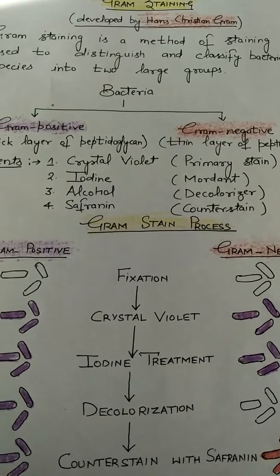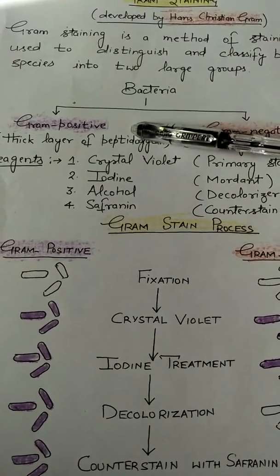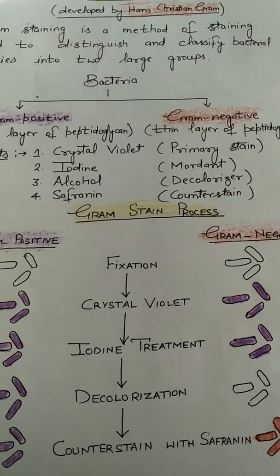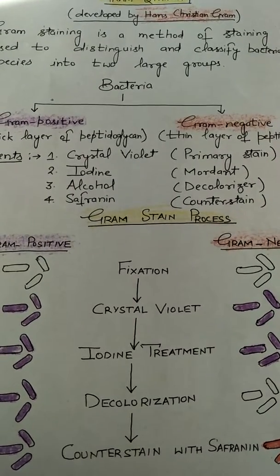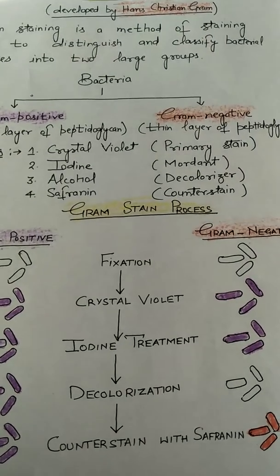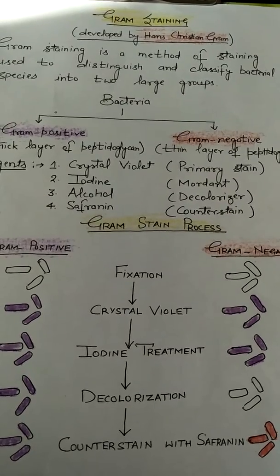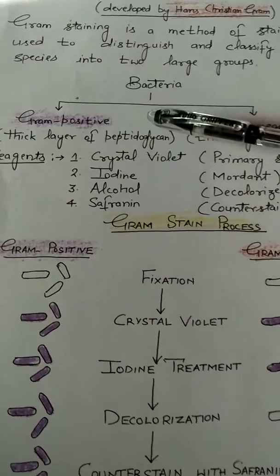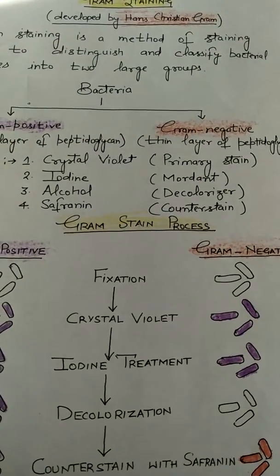And gram positive bacteria have teichoic acid present in their cell wall, whereas gram negative bacteria lack teichoic acid. Moreover, gram negative bacteria, they have additional lipopolysaccharide layer. So the structure of organism cell wall determines whether the organism is gram positive or gram negative.